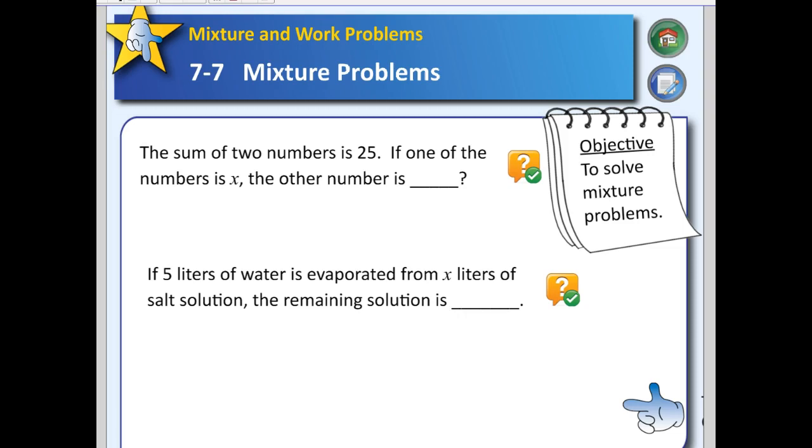What would happen if we were back in chapter 2 maybe? All right, and I had this. It said the sum of two numbers is 25. If one of the numbers is x, then what would our let statement be for the other number? Now, we did this back in chapter 3, I think, and we did some in chapter 4 and chapter 5.